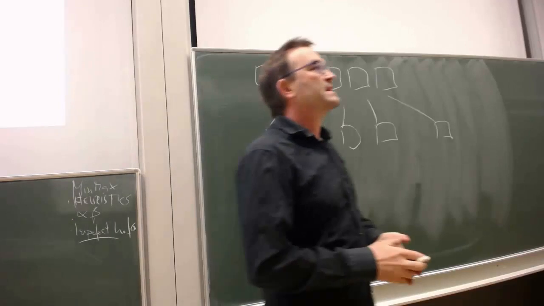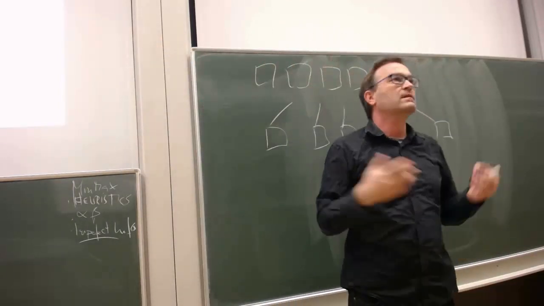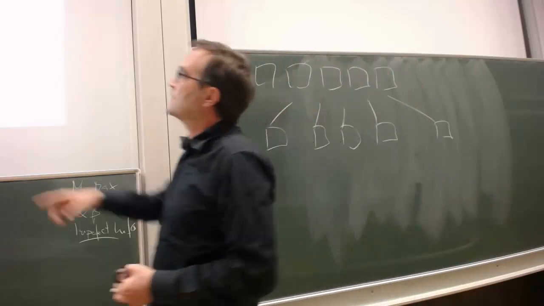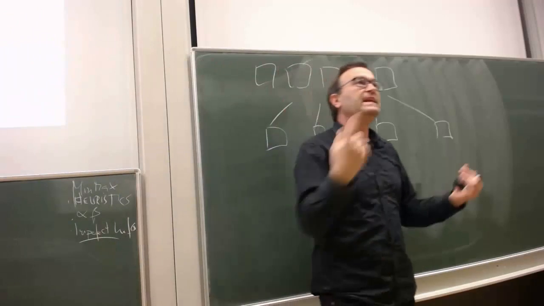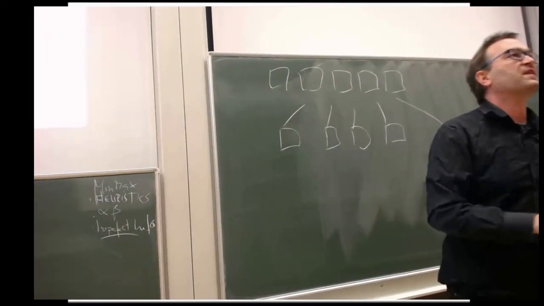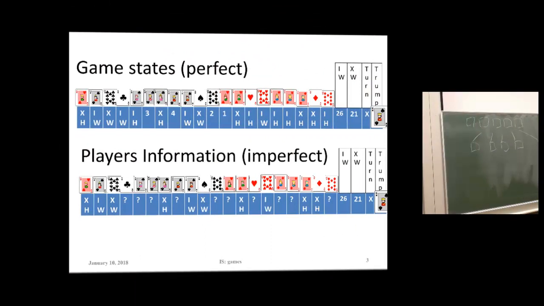So this is an example how the real state now looks in Schnapsen. So you have 20 cards, and each of these cards can have 4 different values. It can be in the hand of Max, that would be an XH. It could be won by I, by the min.